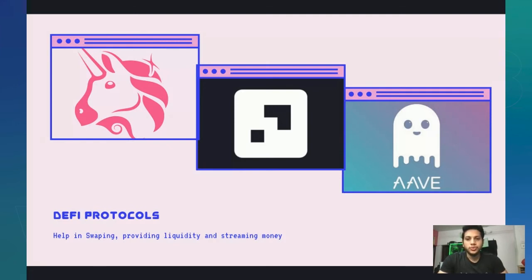Like suppose if I watch for 10 minutes, I believe that I should only pay for that. And Superfluid helps you accomplish that by streaming money for only that amount of time. So this is how you can integrate many of these DeFi protocols into your dApps for helping you stream money and provide liquidity and swapping.